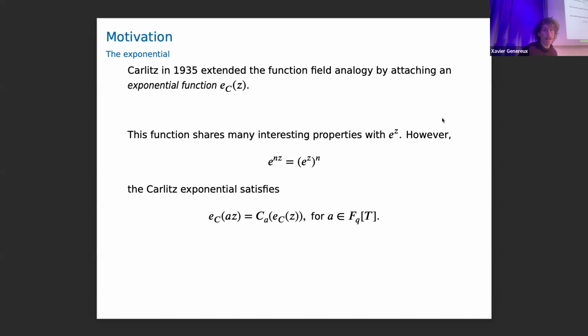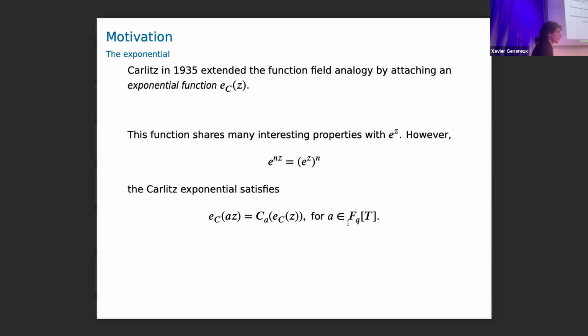If you have this action where I multiply by some integer n, we know that we can pull it out on the right side, as the power of n. If I do this for the exponential function that Carlitz defined, we have to think about what is equivalent in function fields. Integers are polynomials, so here I'm multiplying by some polynomial.